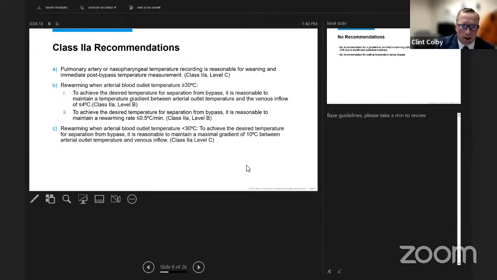Rewarming when arterial blood outlet temperature is greater than or equal to 30 C, to achieve the desired temperature for separation, it is reasonable to maintain a temperature gradient between arterial outlet temperature and venous inflow of 4 C. To achieve the desired temperature for separation from bypass, it is reasonable to maintain rewarming rates of less than or equal to 0.5 C per minute. Rewarming when arterial blood outlet temperature is less than 30 C, to achieve desired temperature for separation, it is reasonable to maintain a 10-degree gradient between arterial and venous inflow.